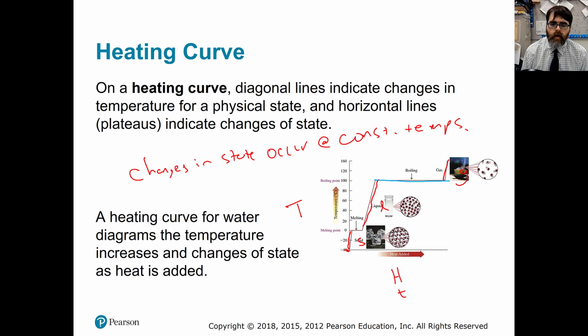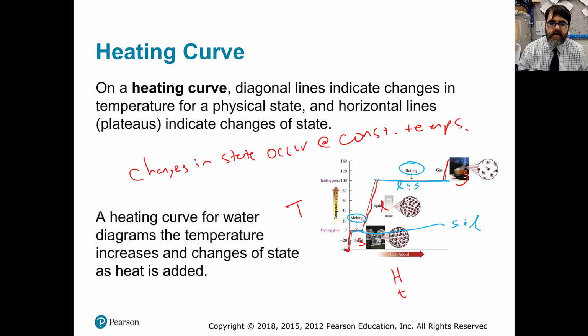And so the boiling, or if we're doing the reverse process, the condensing, the melting, or if we're doing the reverse process, the freezing, where we have both states of matter, here it would be liquid and gas, here it would be solid and liquid, the temperature plateaus.